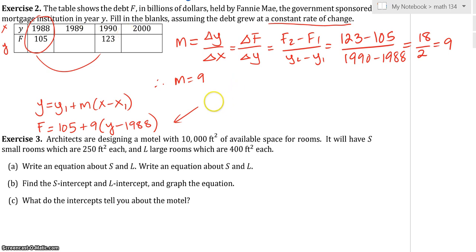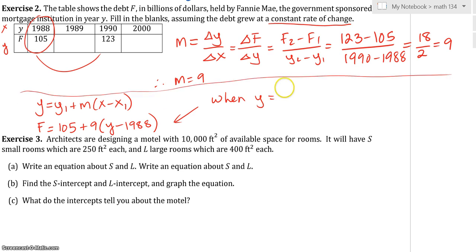I'm just going to leave it like this because I realize using this, I can now plug in 1989. So when Y equals 1989, let me just draw a line here so you don't confuse that with that. What do we have here?